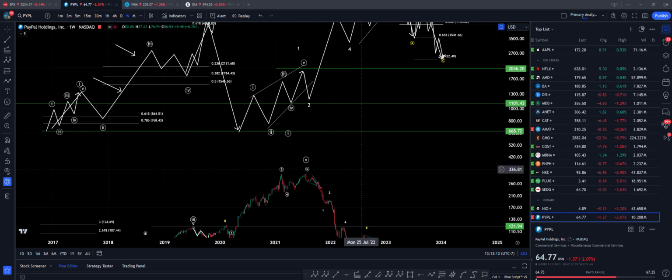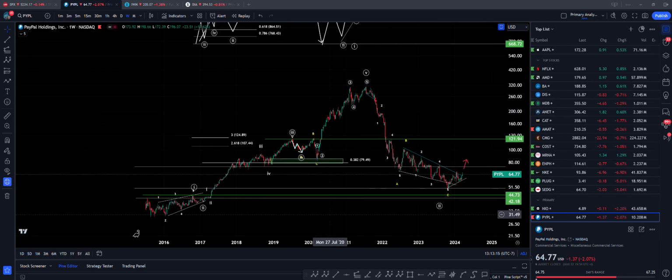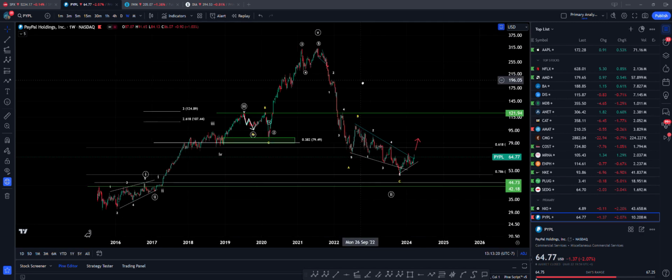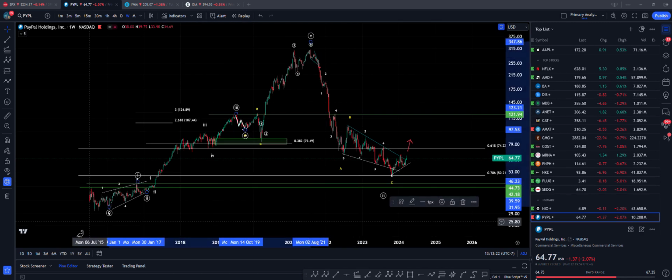So right below, I have a PayPal weekly chart to just demonstrate the same concept that we discussed above, where we had, the first starting when it was launched, a leading diagonal. Basically, when the company was formed, things were coming to the market and the product was launched, and digital wallet may not be a very known thing to everybody, so everybody was evaluating what it is and all that kind of stuff.